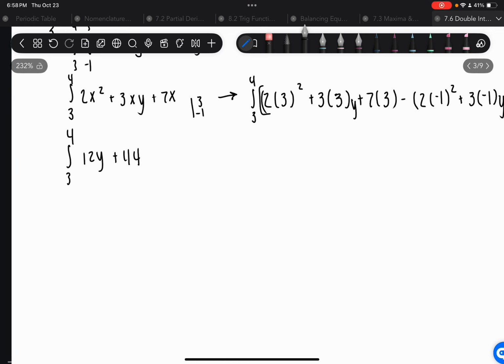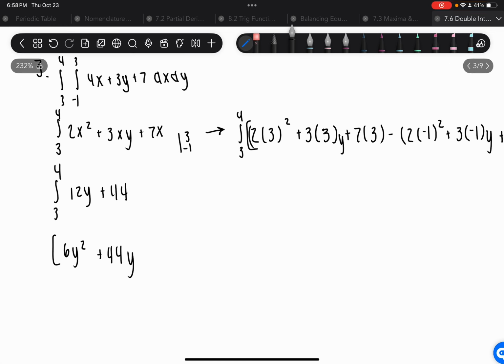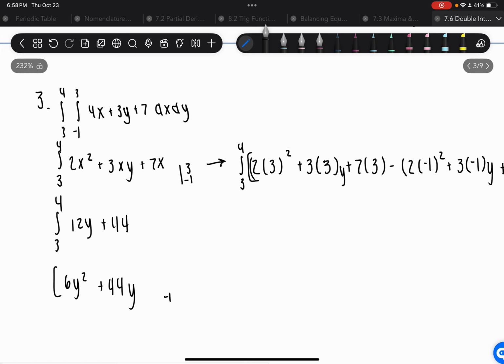And now I'm going to integrate this again. So when I integrate it, I have 6y squared plus 44y. And now we're going to be plugging in our second integral over there. Oh wait, sorry, made a huge mistake.